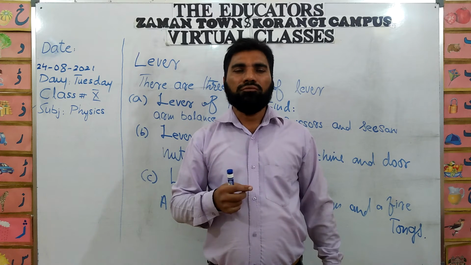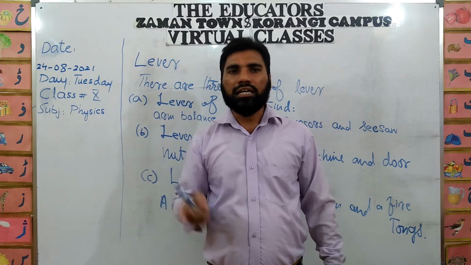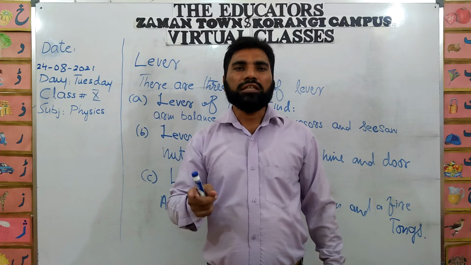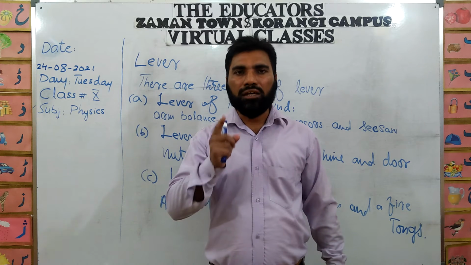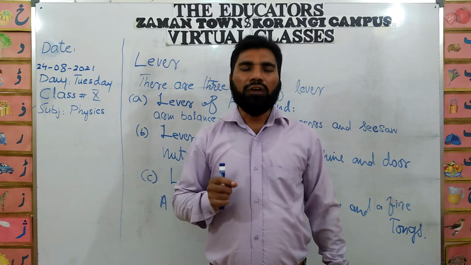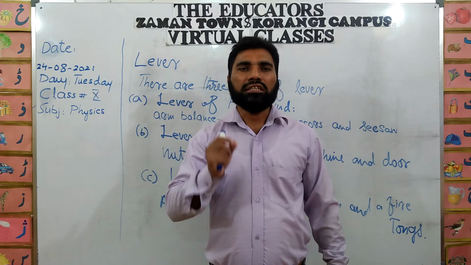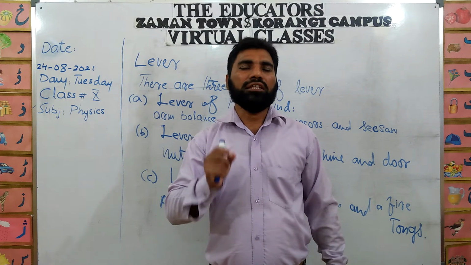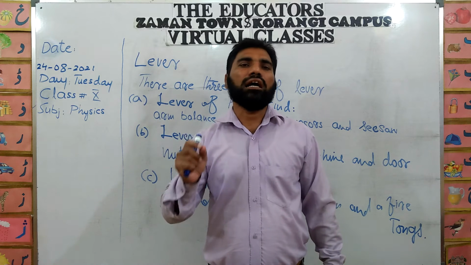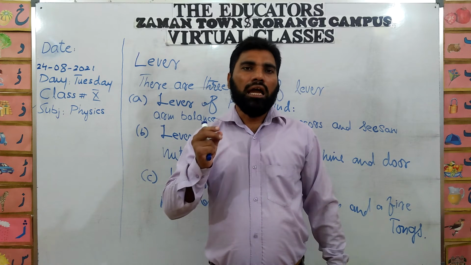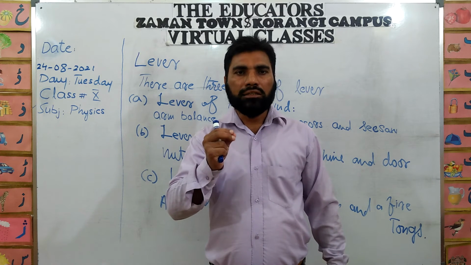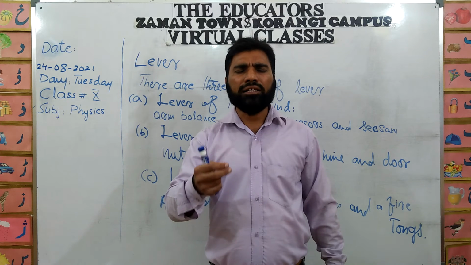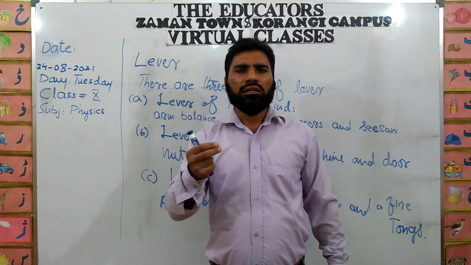On one side we apply the effort, and on the other side the lever lifts the weight. The distance between the effort and the fulcrum is called the effort arm, and the distance between the fulcrum and the load is called the load arm. There are the fulcrum, the effort and the load.